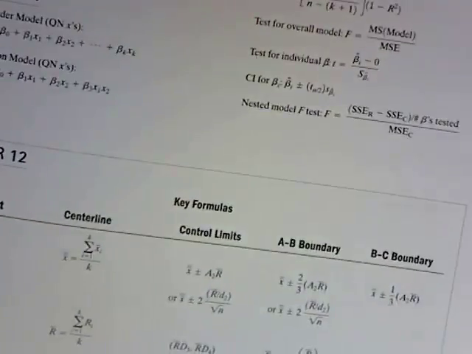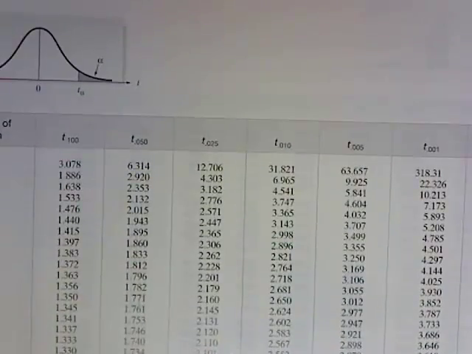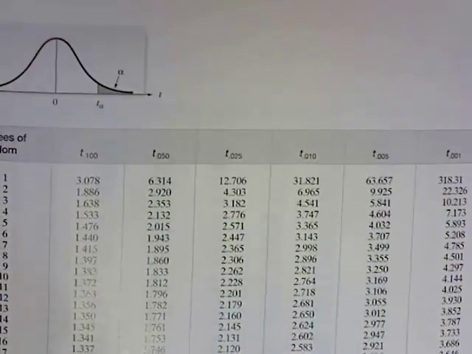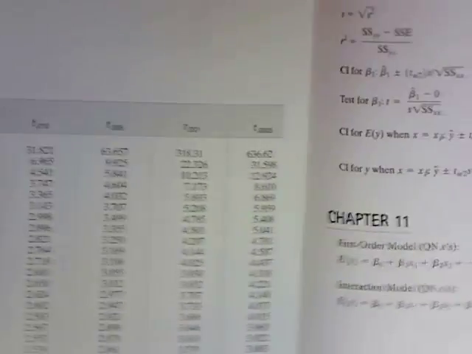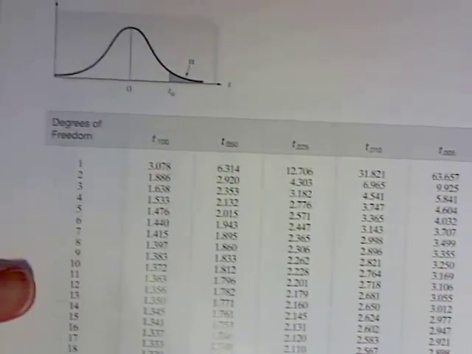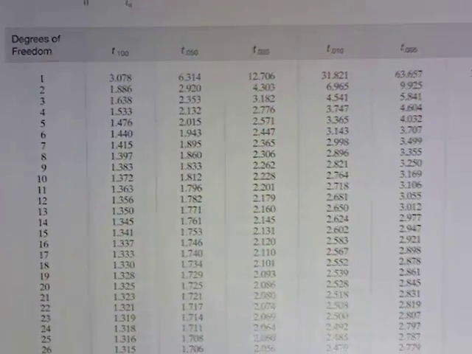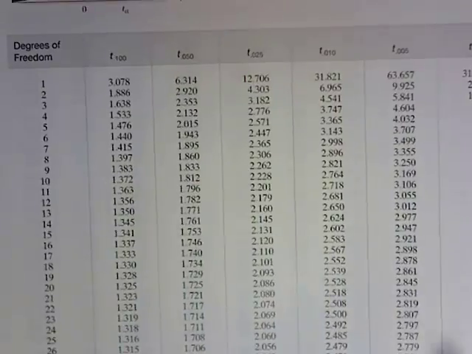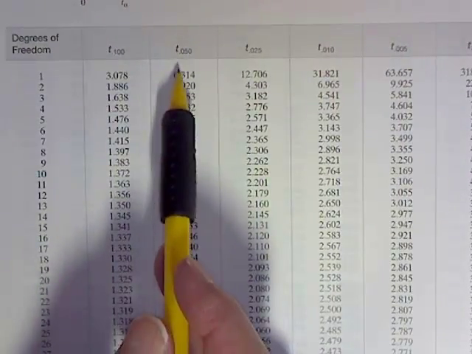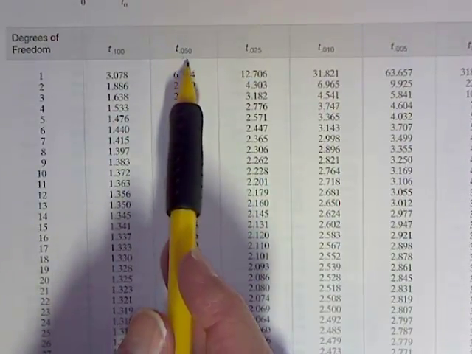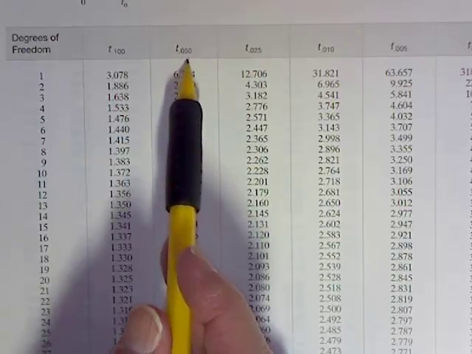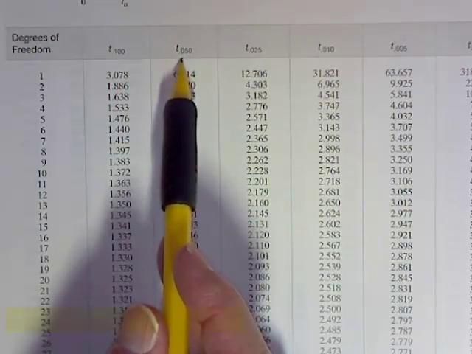It was a 90% confidence interval that we were interested in, and the sample size was, let's see, what was the sample size? It was 25. So 25 sample size, and 90% means that there's a 10% alpha. Half of 10% is 5%, so there's the column that we'd use.